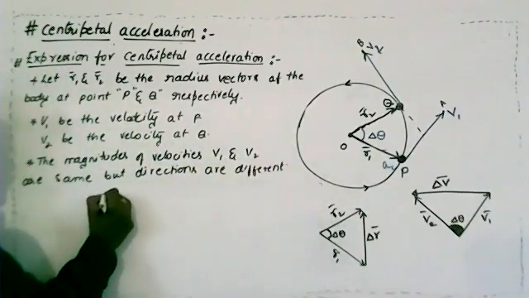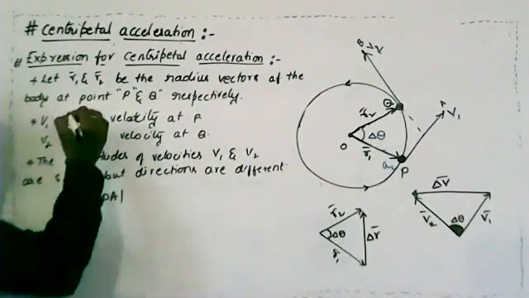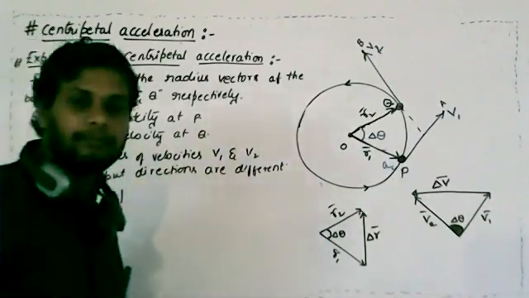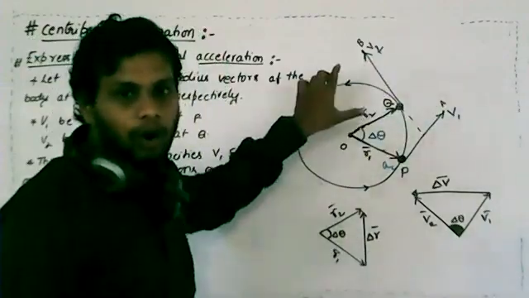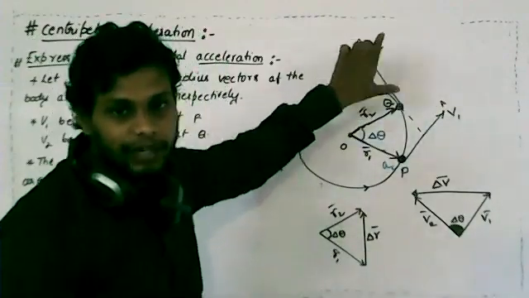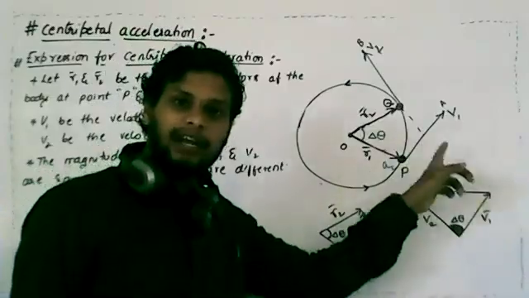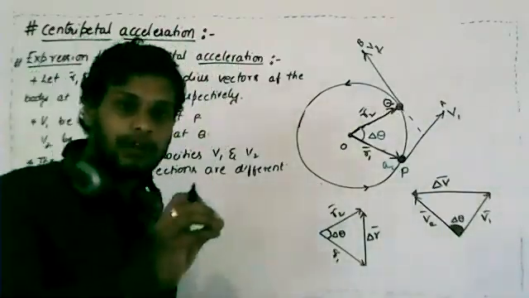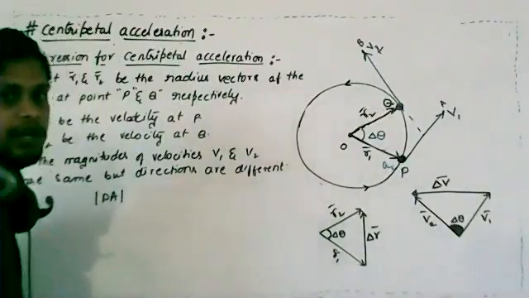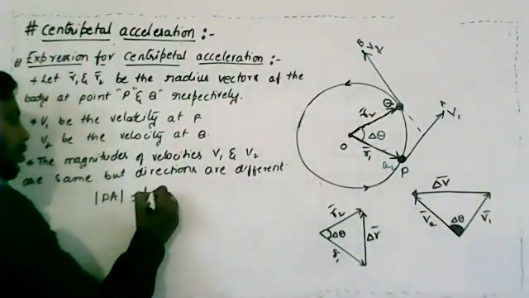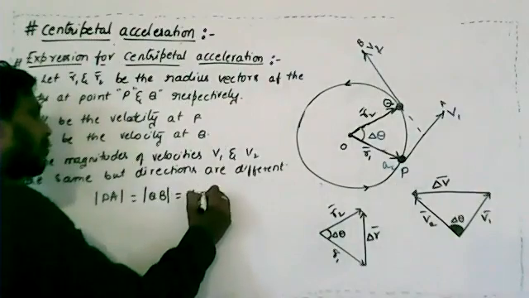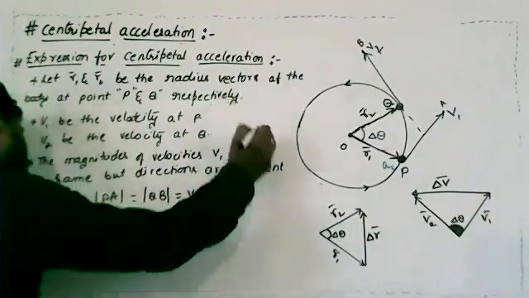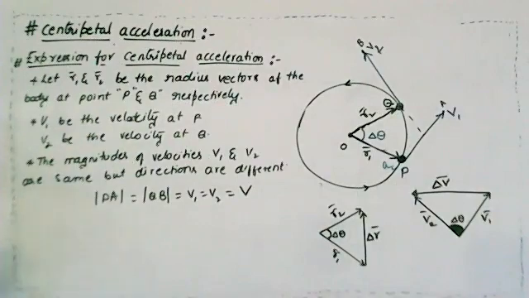Now I will take the magnitude of vector PA, which is v1, and the magnitude of vector QB, which is v2. Since the magnitudes are the same, PA bar is equal to QB bar, that is v1 equals v2 equals v. My magnitudes are the same. Are you clear?